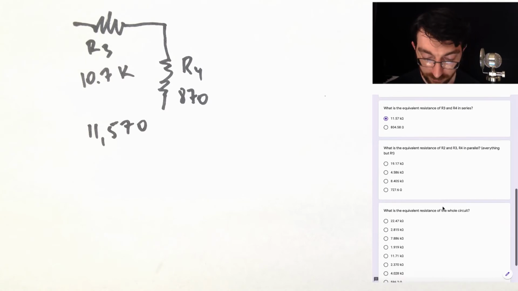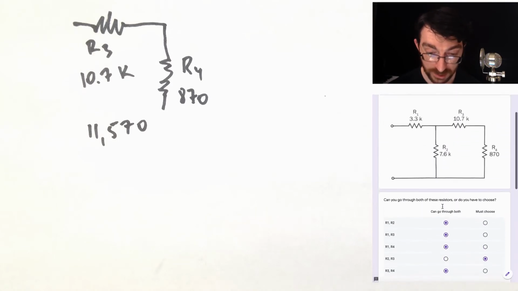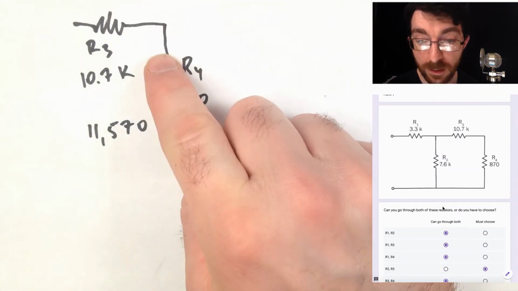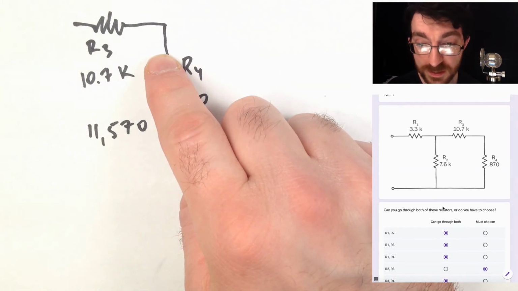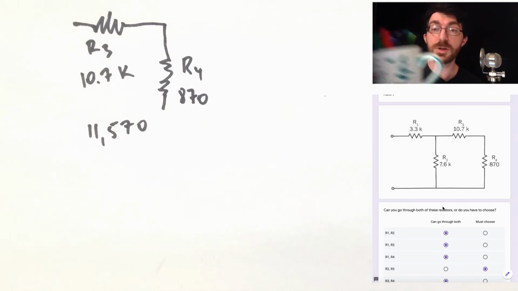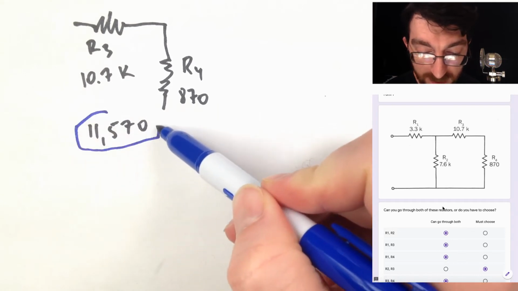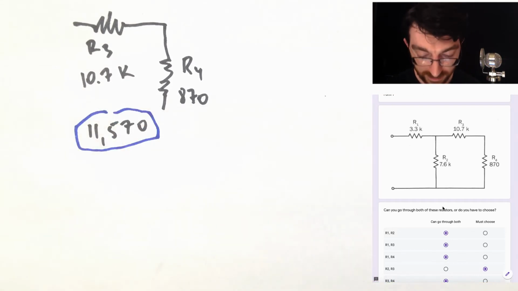Okay, what is the equivalent resistance of resistor 2 and resistor 3, R4 in parallel? So that's everything but R1. So going back to our picture here, that means that we're taking this picture, but we're including resistor 2. So here's what I'm going to do. I'm going to choose a different color from my mug of markers. Let me go ahead and do blue for this. I'm going to replace resistor 3 and resistor 4 with a single resistor that has that value. And we'll see what the picture looks like now.